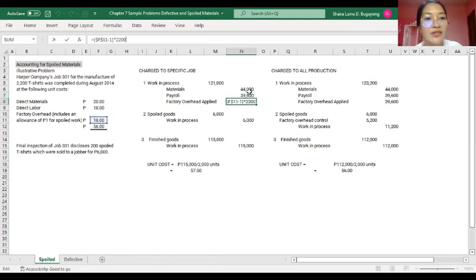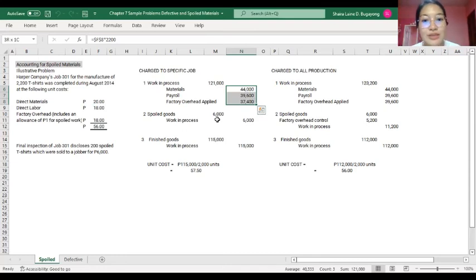And then, ang factory overhead applied less the allowance. So, take note if i-charge siya to a specific job, dapat i-remove nimo ang allowance for spoiled work. So, total debit work in process would be 121,000.